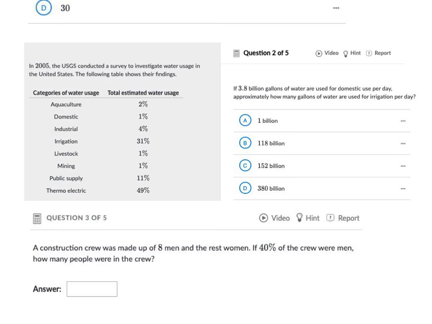Let's go. Did we get B? Yeah. I mean, I didn't get B. I kind of got close to the answer. Okay. The estimate. Sure. So, anybody want to talk about how they went about this one? I just took 3.8 billion and then multiplied it by 0.31.